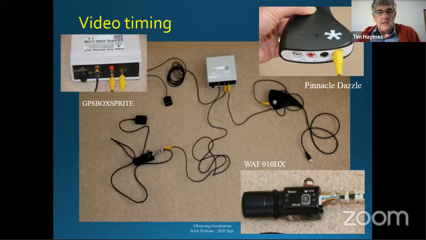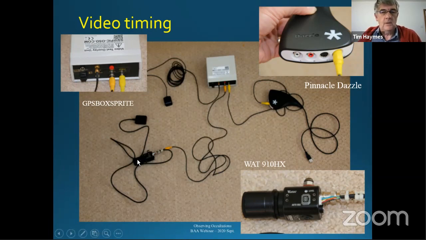This is a setup showing my video equipment. This is the Watek 910HX video camera, which is probably the most sensitive camera in the Watek range. It is actually about twice as sensitive as any of the current CCD cameras that you can buy.